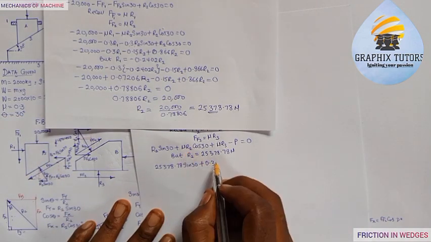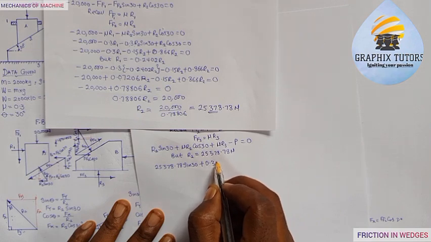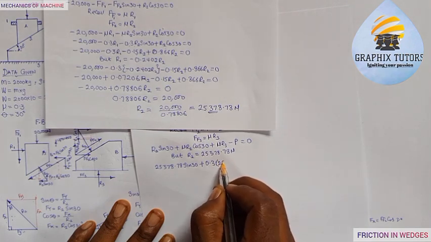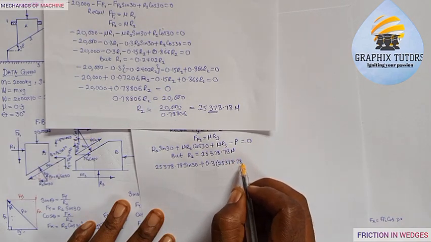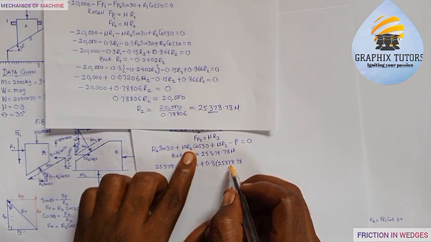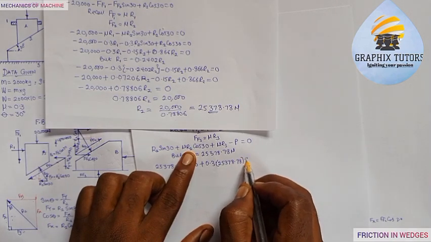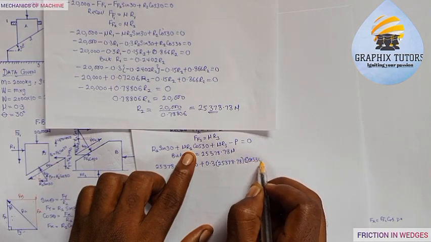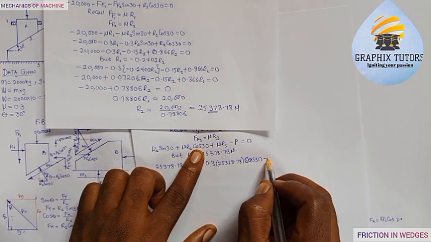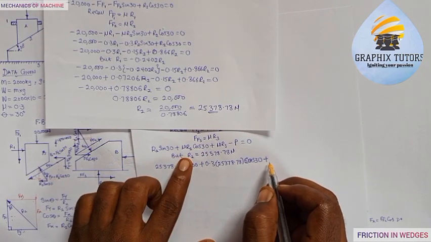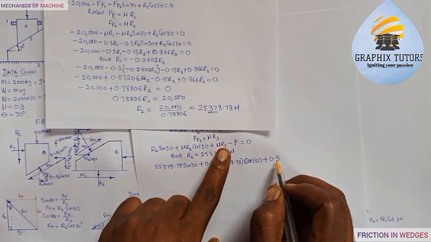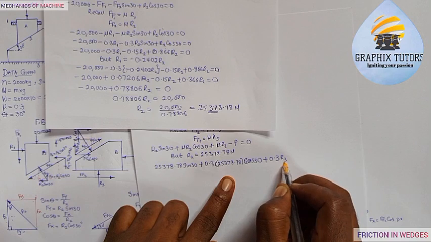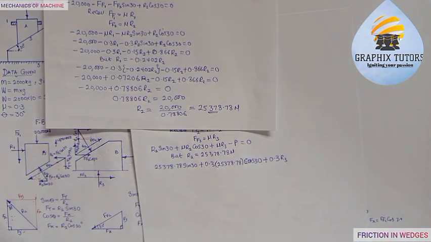Then we have R2, still the same thing, multiplied by 25378.78, close the bracket, we have sine what? We have cos 30, plus, similarly, the same thing happened here, mu is 0.3. R3 we don't know. So R3 will be given here, we'll calculate for R3.